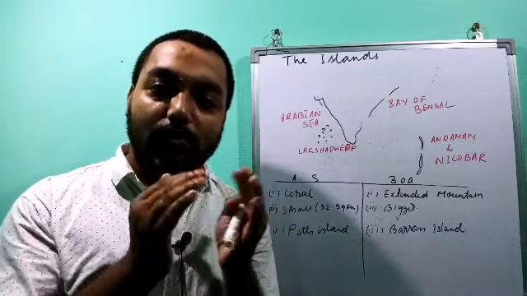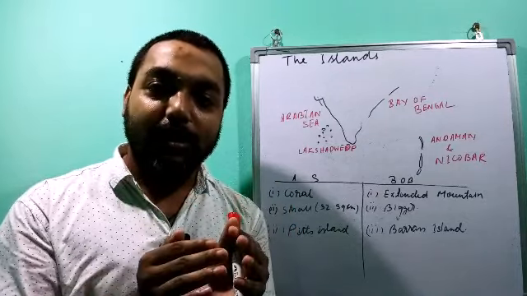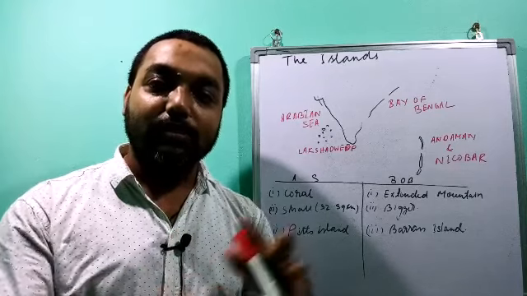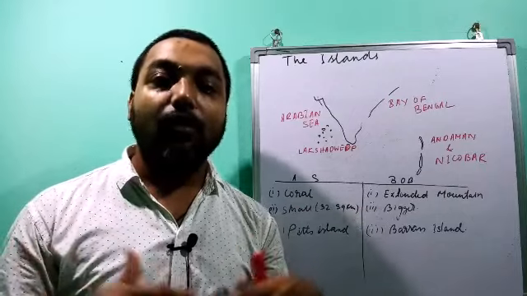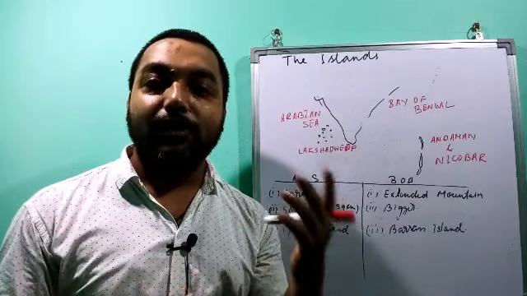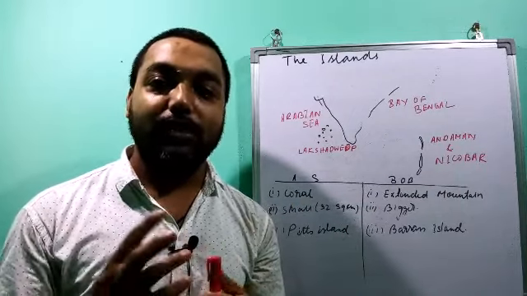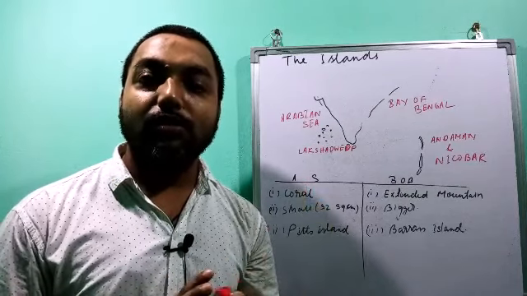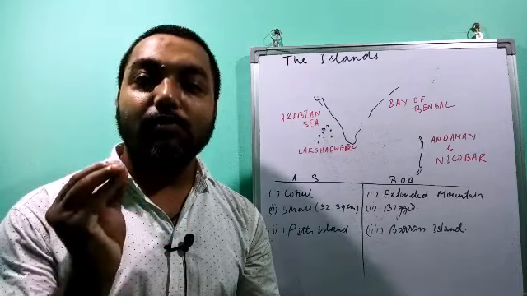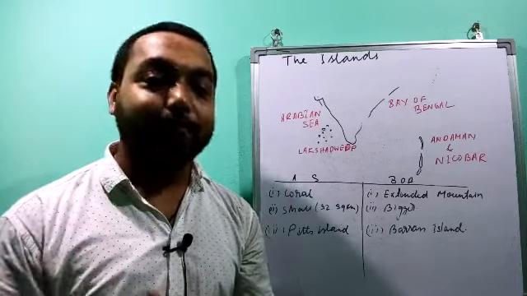When it goes on accumulating, ultimately it sometimes creates a big island or a big barrier reef. The Great Barrier Reef of Australia is made up of coral polyps. So this Lakshadweep is also made up of such small coral polyps by secreting lime.